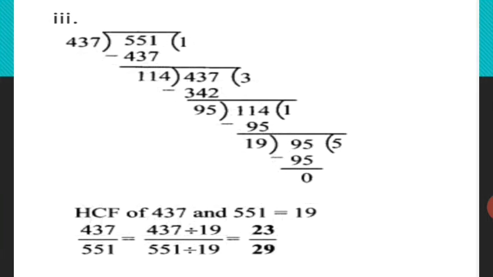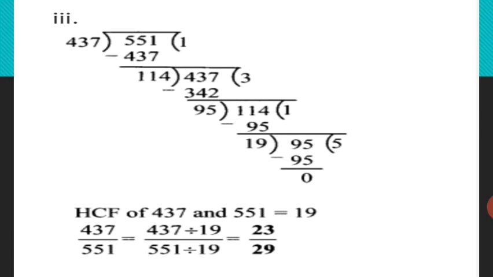Third sum, 551 divided by 437. 437 ones are 437, remainder 114. 114 threes are 342, remainder 95. 95 ones are 95, remainder 19. 19 fives are 95, remainder 0.